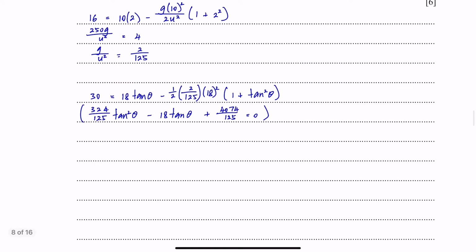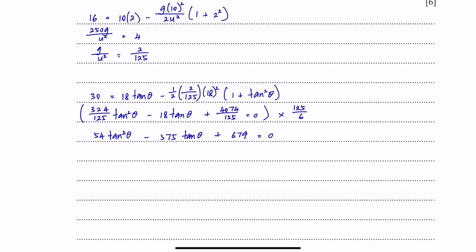Simplify this. This looks a bit messy. Let's times it by 125 over 6. So we would get 54 tangent squared minus 375 tangent plus 679 equal to 0.